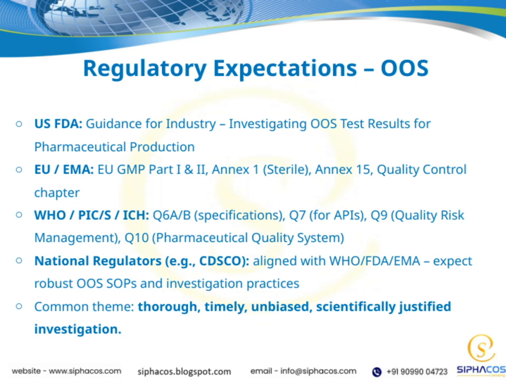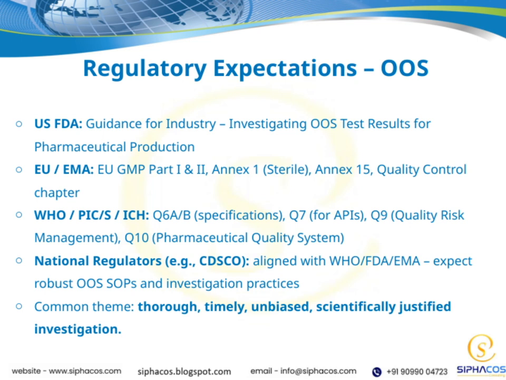Moving to Europe, the EMA's guidelines are embedded within their GMP regulations, specifically Parts I and II, along with Annex 1 for sterile products and Annex 15, which covers qualification and validation. Their focus is on maintaining high standards through rigorous quality control practices.